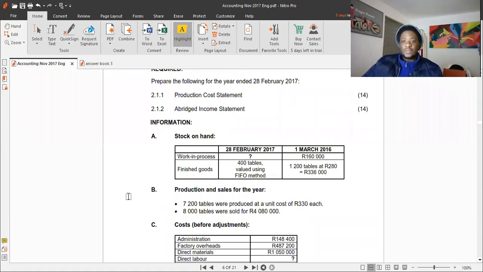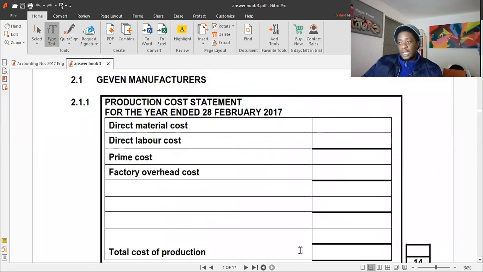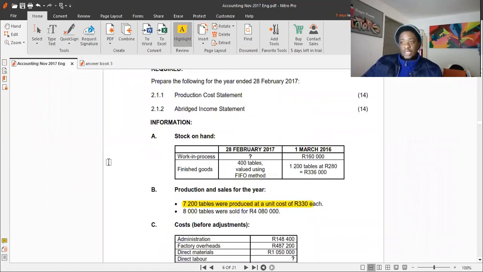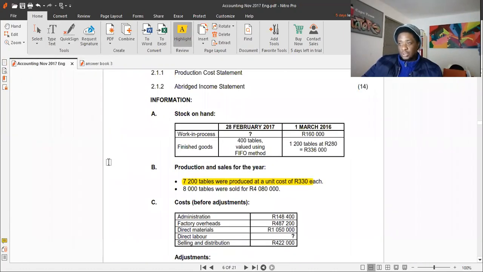So that already gives you that the total cost of production is 7,200 multiplied by 230. By the way, total cost of production is at the end of this. So we know we're going to end up with 7,200 multiplied by 230. But we are still trying to find the direct material cost.